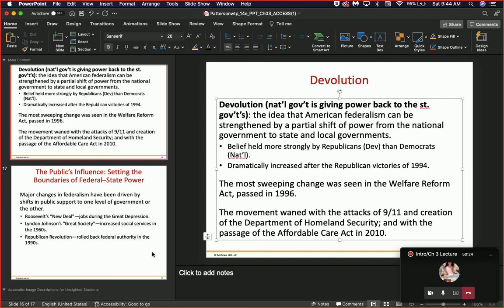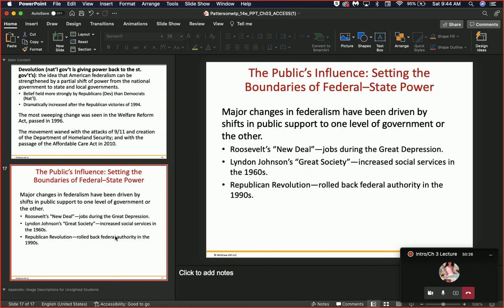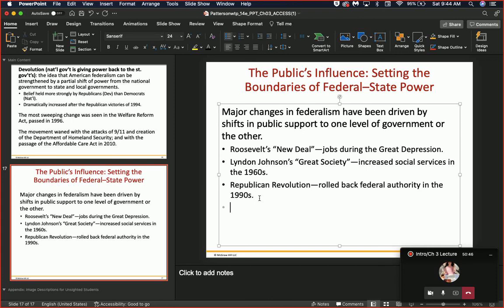Okay, so last but not least, we have seen, again, it's ever evolving, it changes throughout time. The changes in federalism, that process of nationalization and devolution throughout our history. Okay, so 3 major events, and I'm going to add that 4th one with 9/11.